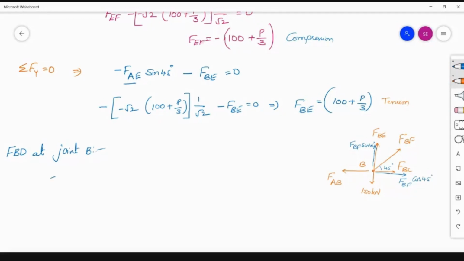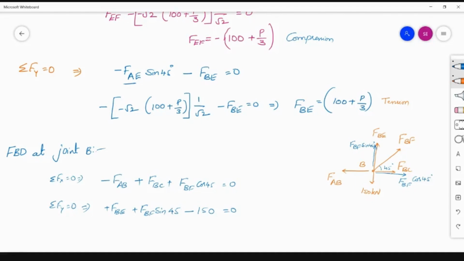Now taking sigma Fx equal to 0: minus FAB plus FBC plus FBF cos 45, the horizontal forces are written. And sigma Fy equal to 0: plus FBE plus FBF sin 45 minus 150 equal to 0. This force 150 is acting in the downward direction.